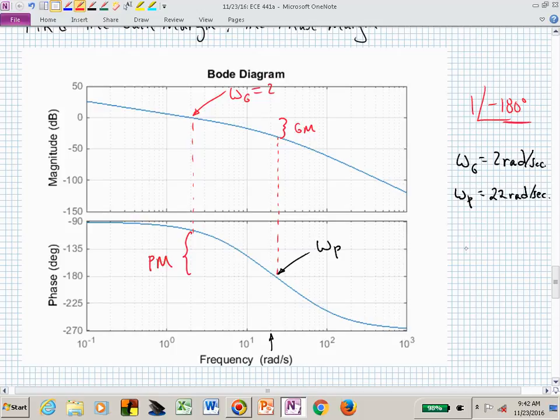But now your phase margin, hopefully you can eyeball a little bit better than 90 and 89, but I would say that's more like 75 degrees. So you now have a phase margin of 75 degrees, which means that you can tolerate some delay in your system in practical terms.